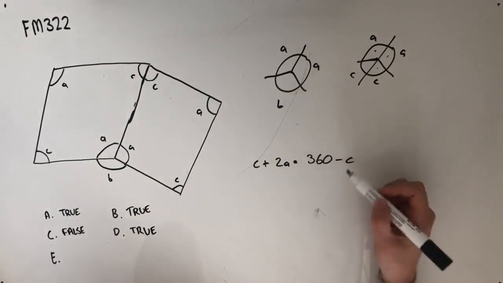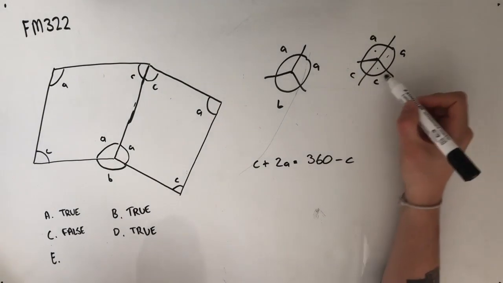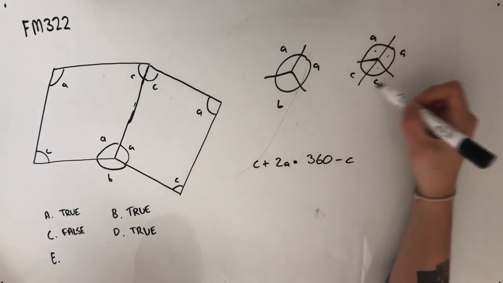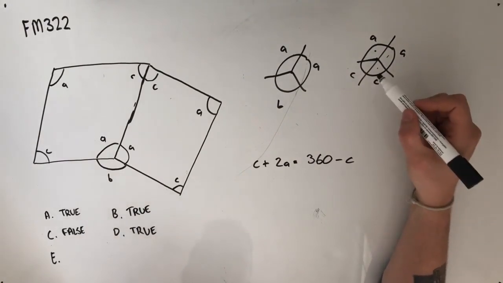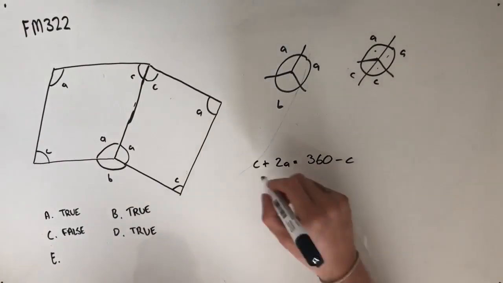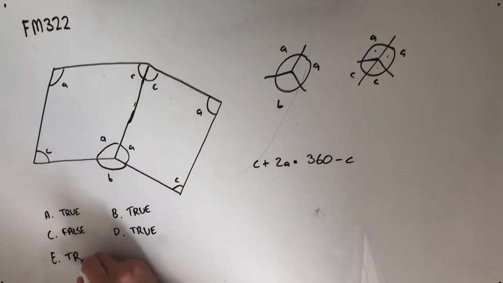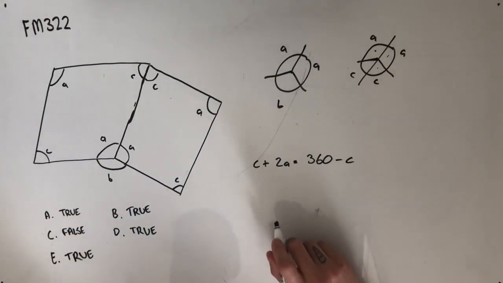We can see that that would be equal to 360 minus C because this is a full 360 revolution here, and subtracting one of these values of C would leave us with a C and two A's. Having a look at that, we can also see that option E is true.